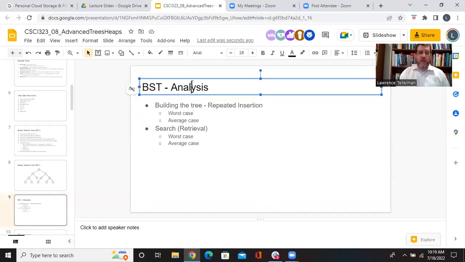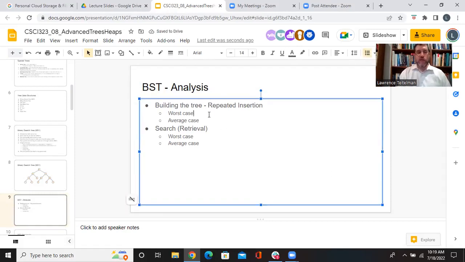So what's the worst case? It means that insertions will always be proportional to the size of the tree. So what's the worst case for the first insertion? Let's say we have a root already.